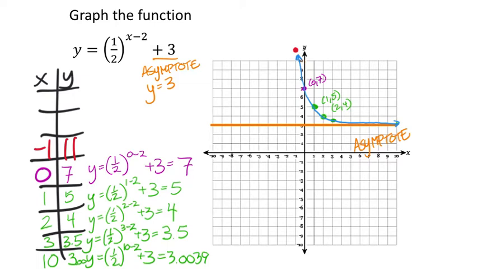Now the truth is, if I wanted to, I could extend this graph too, right? So my graph goes all the way to 10 to the right. If I wanted to, and I'm just going to put this in the table, if I wanted to say, well, look, what happens if x is -10? Well, then I could put it in the equation, y equals 1/2 to the power of -10 minus 2 plus 3.